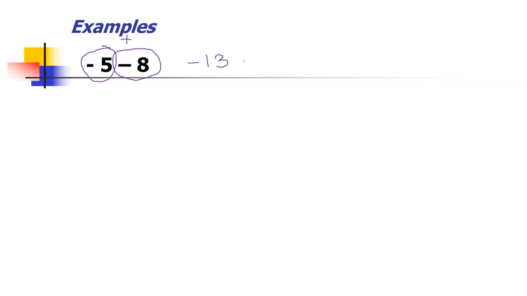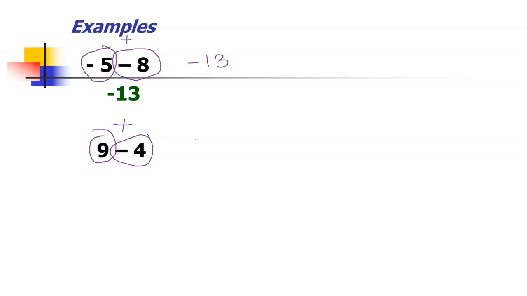Let's look now at the second rule of adding. I have 9 minus 4, which you can easily do, and the answer is 5 if you look at this as a subtraction. If I'm still looking at this as an adding problem, then I'm going to look at this as 9 and then -4, and the plus sign is invisible.